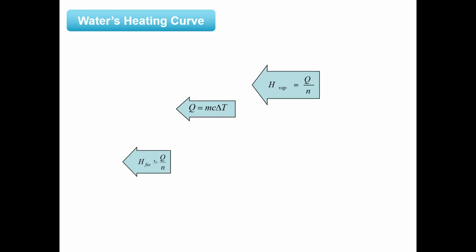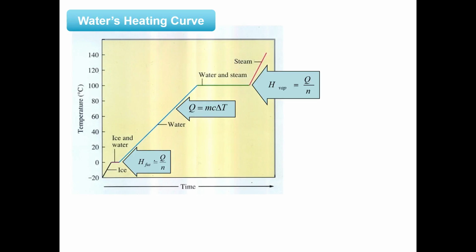What does it look like on the heating curve, which is temperature over time? Well, when the temperature is negative 20 degrees, of course it's ice. It's going to warm up to 0 degrees. Notice during 0 degrees, there's a moment where the temperature is not changing. This is when ice and water are mixed. It's melting.